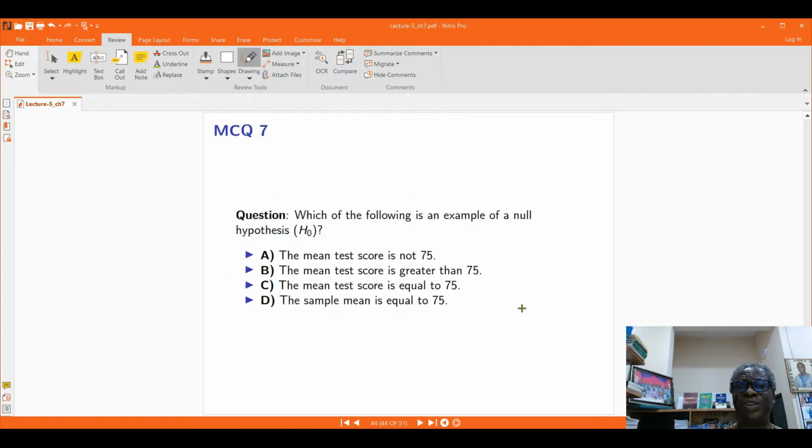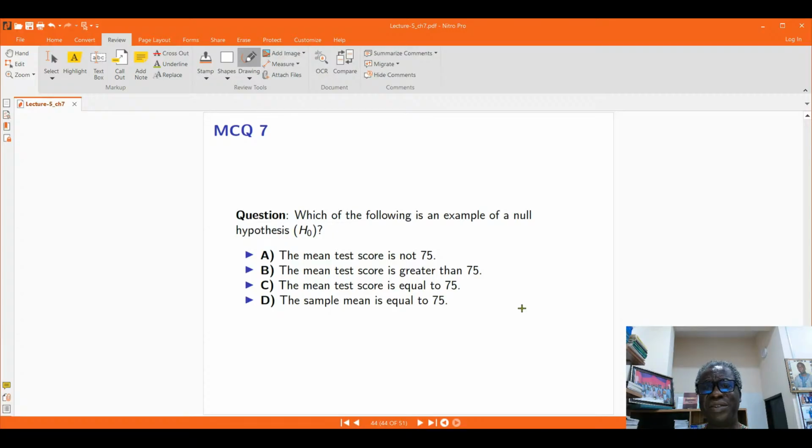Which of the following is an example of a null hypothesis? A null hypothesis is usually stated in terms of no effect, no difference. The mean test score is not 75. The mean test score is greater than 75.